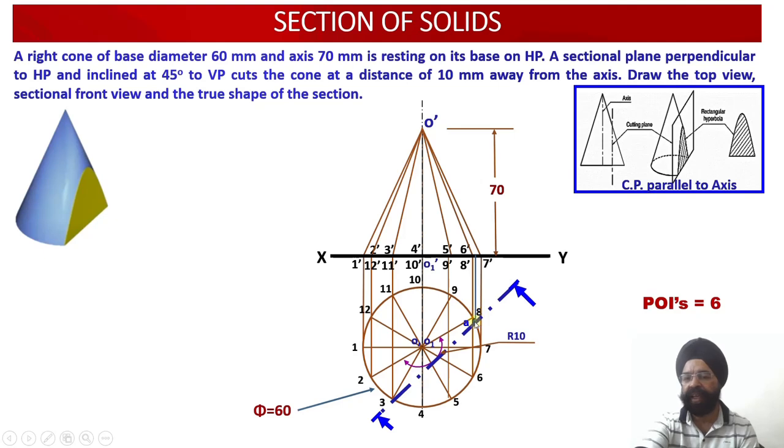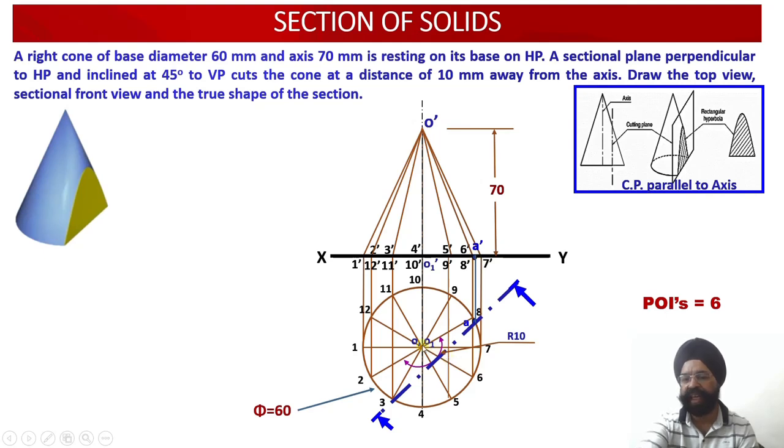So please check, from point A, I am going to draw a vertical projector till it meets the front view of this sector 7, 8, which is 7 dash 8 dash. So this is the length of this sector in the front view. This point A top view is here. The front view will be located on the XY reference line. So I have named this point as A dash.